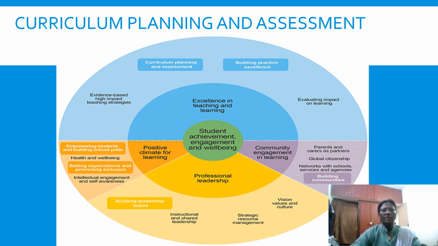So different aspects are there, based on which excellence in teaching and learning is achieved. What all the things are there for that environment? And here the community, the parents, and the children have to contribute, and professional leadership, different types of professional leaders are there. How will that help the children to promote themselves from the present position to a better future? Okay.